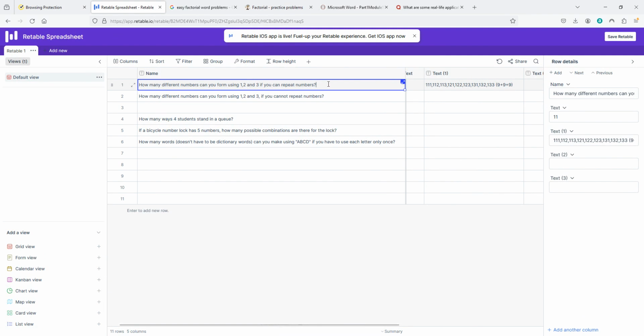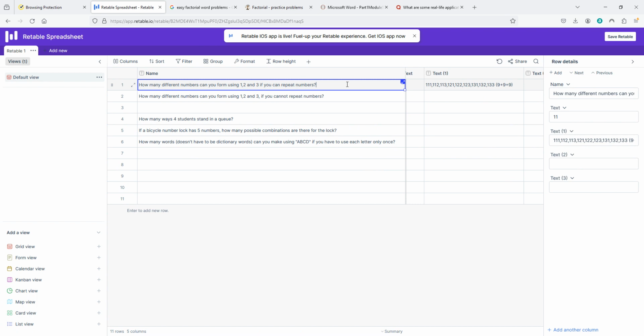So when you can repeat numbers, you multiply the number by itself as many times as its value. If this had been 4, then you could do 4 raised to 4, or 4 into 4 into 4 into 4, and that would have given you the answer.